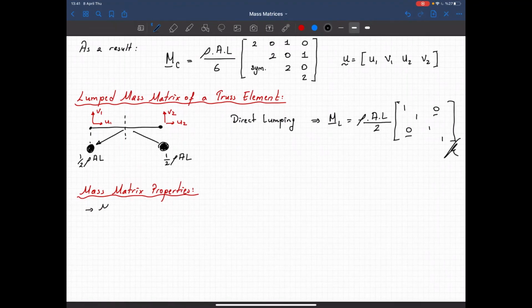You have a symmetrical matrix and the physical symmetry. So what we mean by physical symmetry is that the element symmetries must be reflected in the mass matrix.